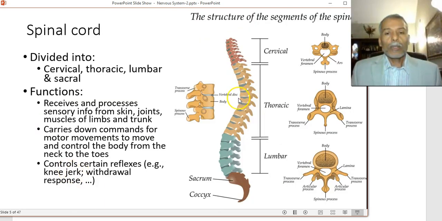The spinal cord also controls some reflexes like your knee jerk. For example, there's an arch where the motor nerve is connected with the sensory nerve, and then connected with another nerve inside of the spinal cord, so that when the little hammer or mallet hits your knee tendon, that is going to activate right here, and then you jerk, your knee is jerked, your leg is jerked forward.